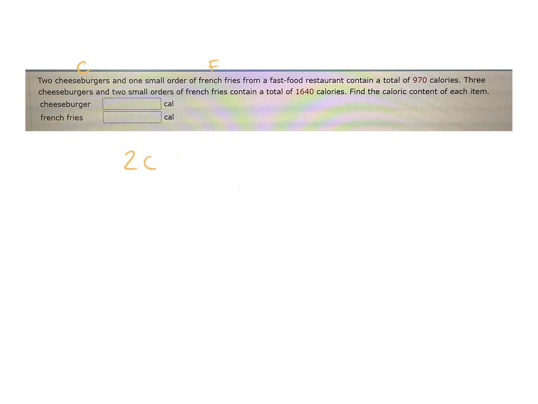So 2C plus F is equal to 970. Perfect. That's 1. Awesome. 3C plus 2F is equal to 1640.